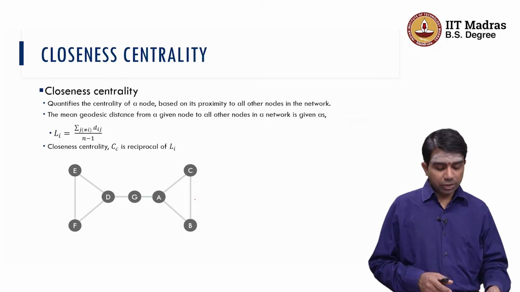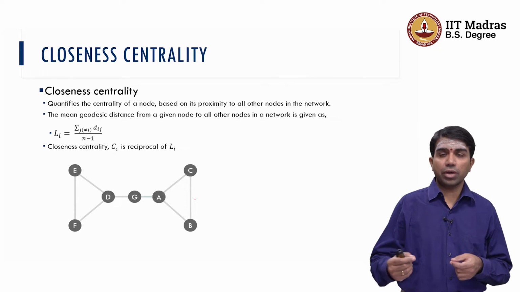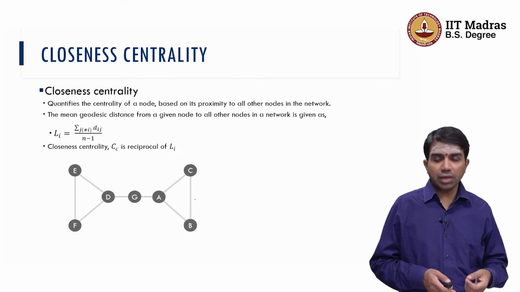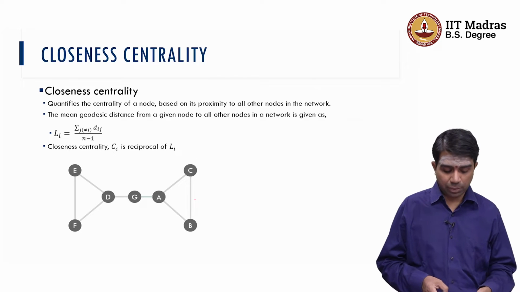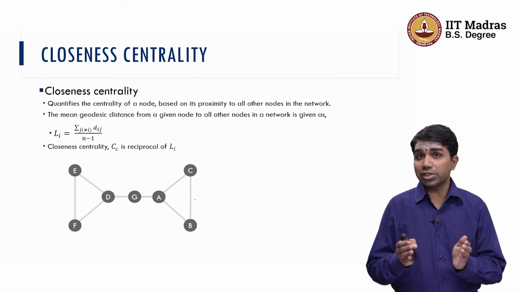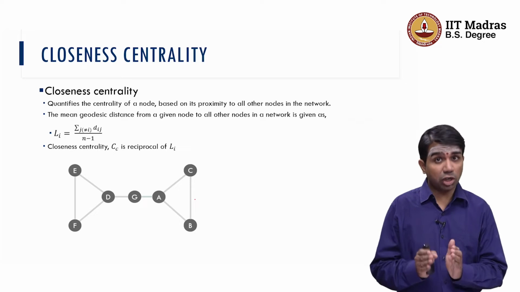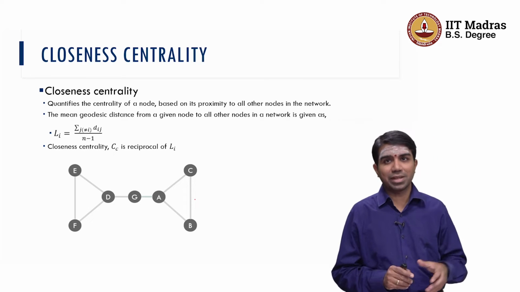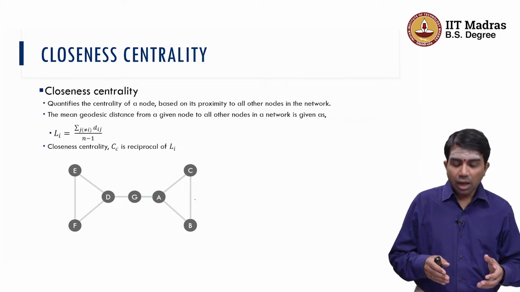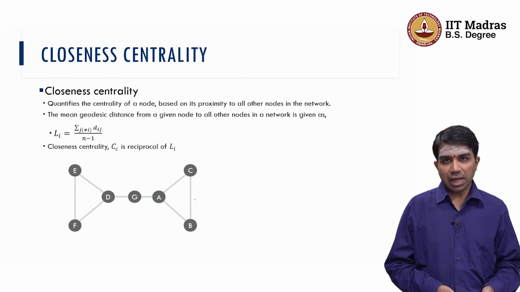You take the average distance of every other node from a given node. Starting with node A, how far is C from A, how far is E from A, how far is F from A, and so on, in terms of shortest path. It could be 1 hop away, 2 hops away, 3 hops away, based on shortest paths only, not roundabout paths. The average of these is Li.